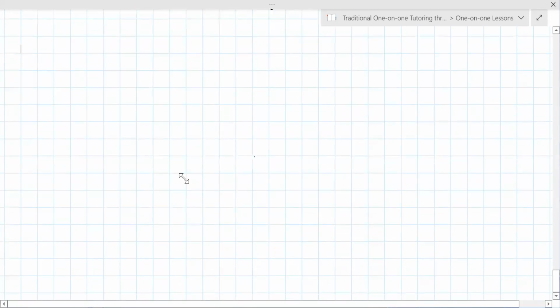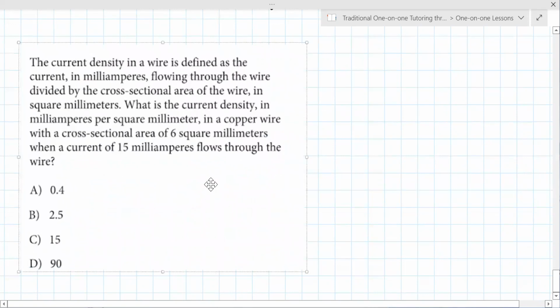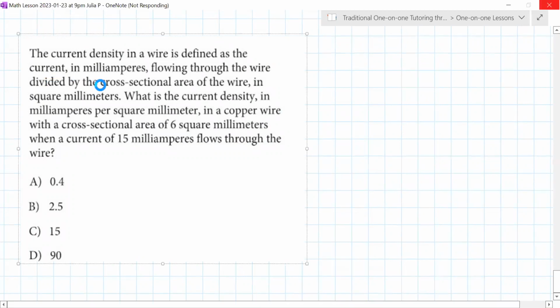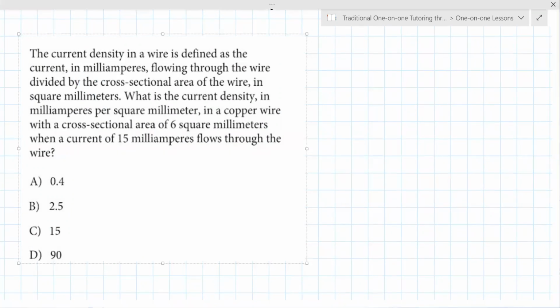So just seeing these questions, you start realizing they're not as hard as they appear because they're giving you the formula. Like this one says, the current density in a wire is defined as the current in milliamperes flowing through the wire divided by... see how they're giving you an equation right there? The current density, sorry, my screen is just lagging here a little bit.